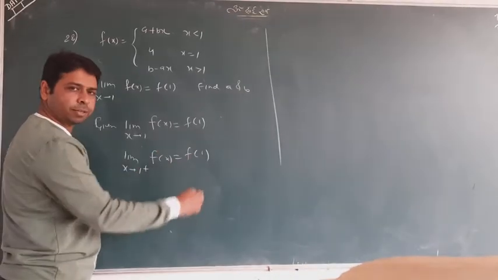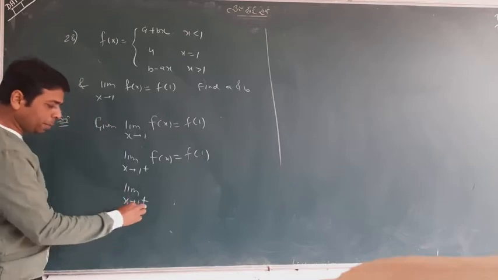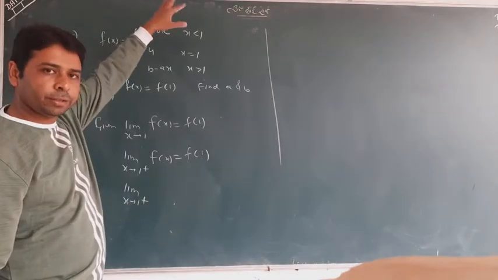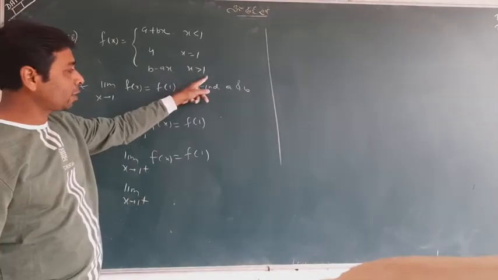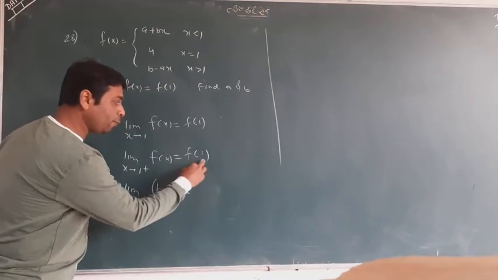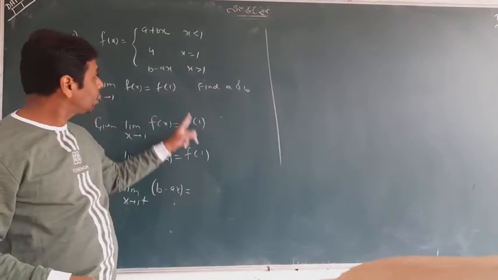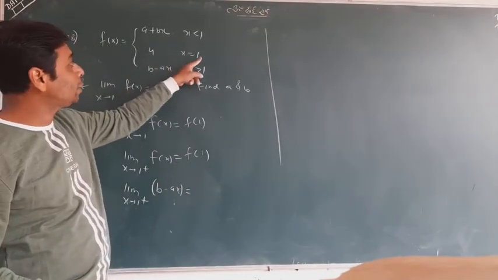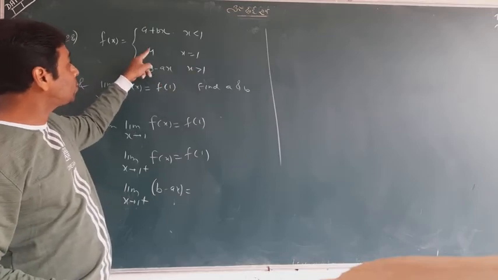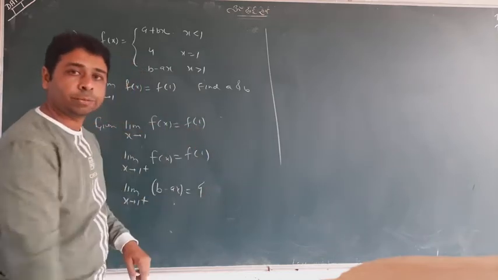Now, which function will be taken for 1 plus? For x greater than 1, b minus ax will be taken. And f of 1, what is the meaning of f of 1? The value of the function at x equal to 1 is 4, so 4 will be here. This is very important.